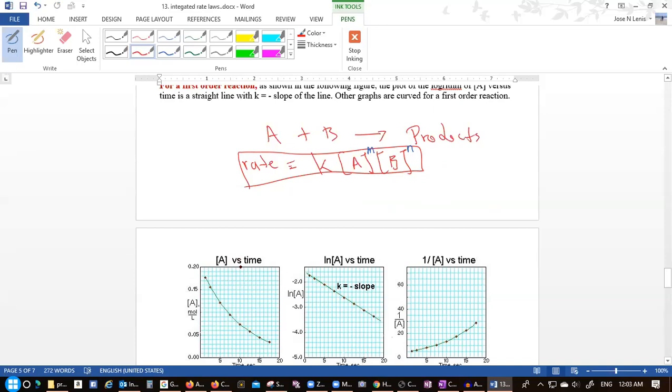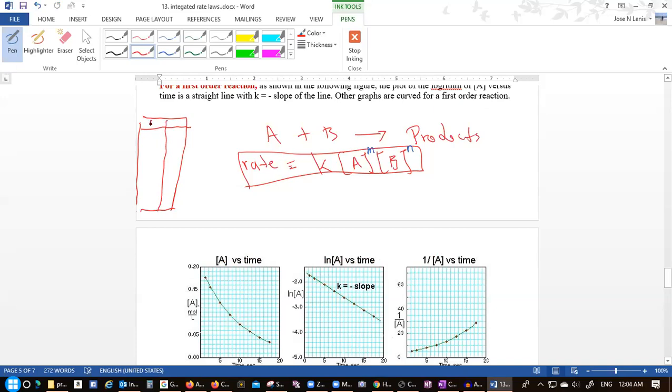You can start making graphs at any order, it doesn't matter. First graph you need to make out of this data is concentration of A against time. You need to make another graph, natural log of A against time. So you organize your data, right? You run the experiments, and here trials.